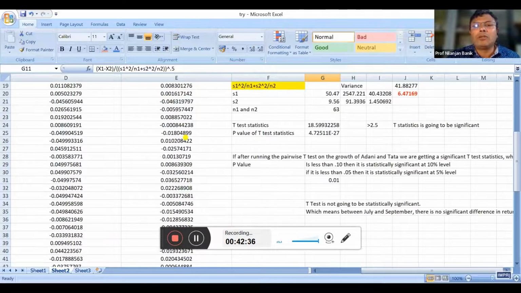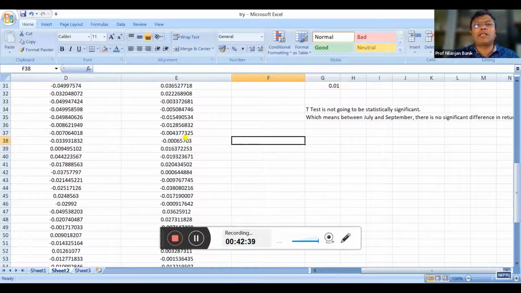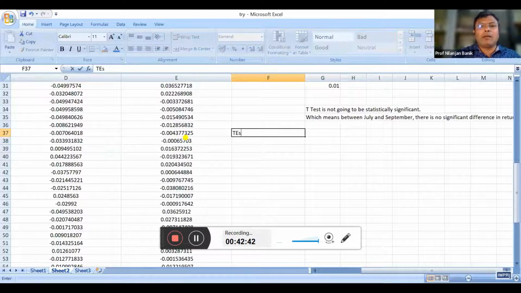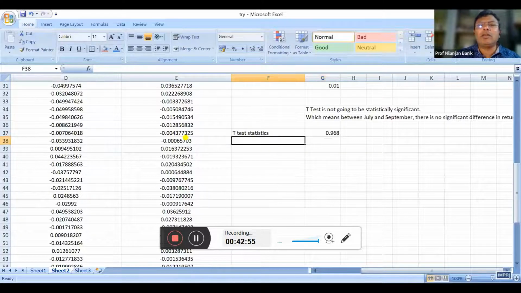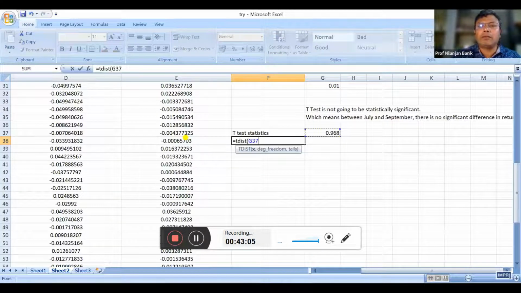So let me show you. Let's assume that in this case you are getting a t-test value, just to drive home our point, of 0.96. I don't know what you'll get, but I'm sure you'll get a value less than 1. Now let's try to compute the p-value of the t-test. So equal to T.DIST, and here I'm getting 0.968, degrees of freedom would be 62 or 61, and 2 tail.